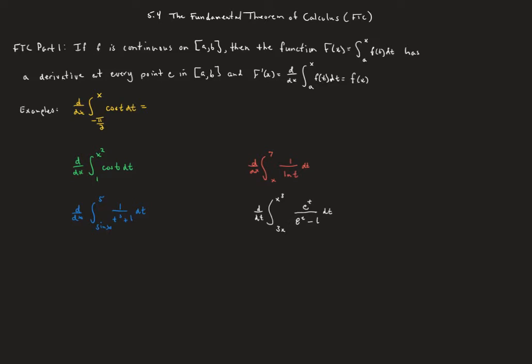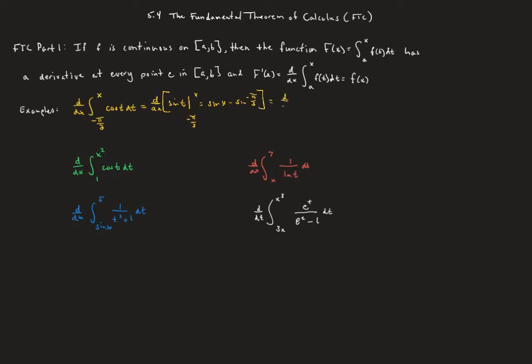With the integral of cosine of t, first I'm going to take the derivative of it, and we can actually do this integral. The integral of cosine is sine, and if we evaluate that from negative pi over 3 to x, that would be the sine of x minus the sine of negative pi over 3.